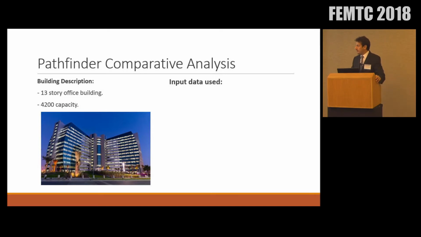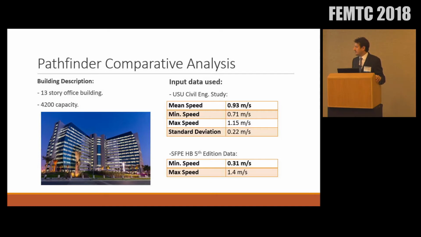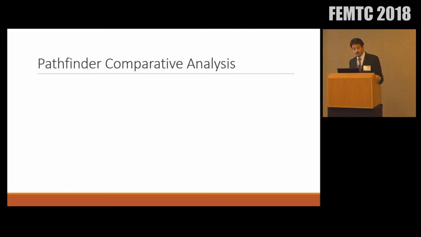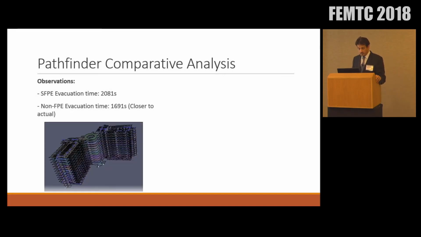So I've taken data from SFPE and from the first study I've shown you, Utah State University. I've taken mean, minimum, maximum, and standard deviation, and the SFPE 5th edition handbook. I've placed both data in Pathfinder, and here are the results.